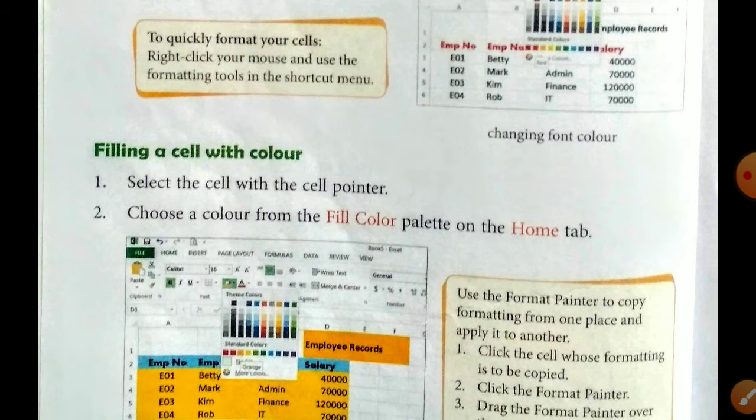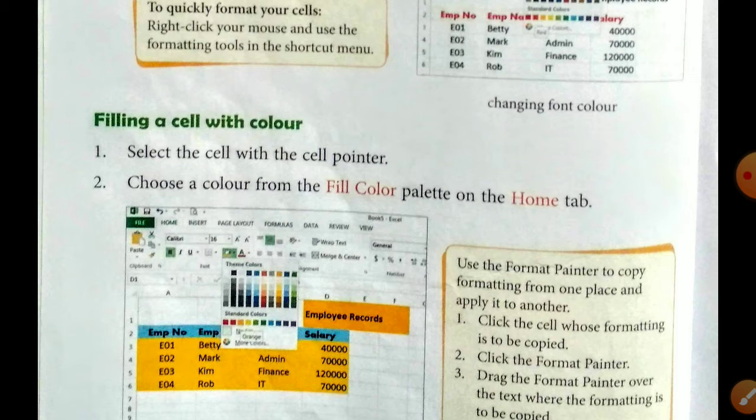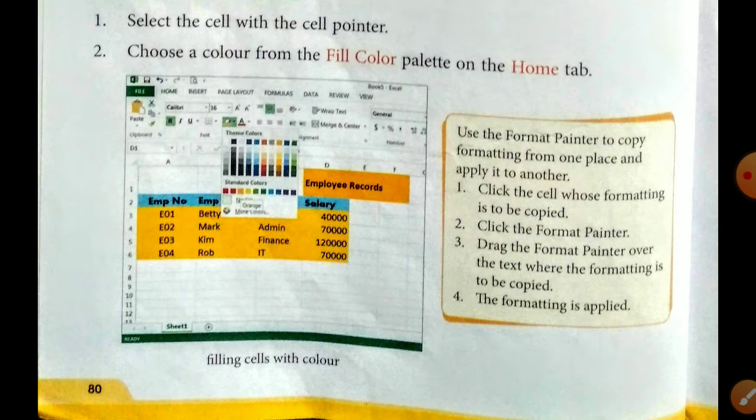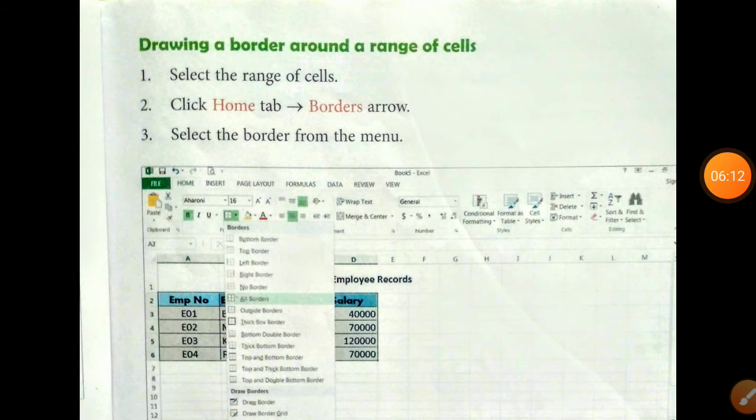Next, filling a cell with color. Select the cell with the cell pointer, then choose a color from the Fill Color palette on the Home tab. Next is drawing a border around a range of cells. How to do all these things?